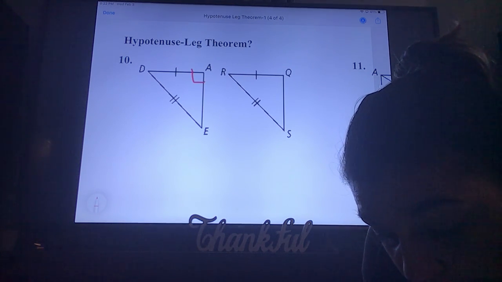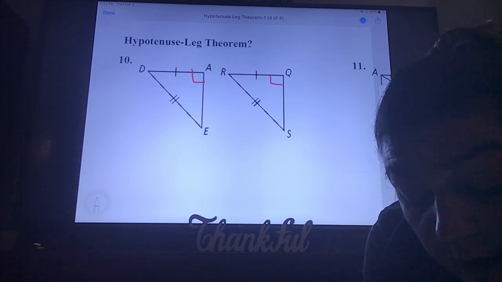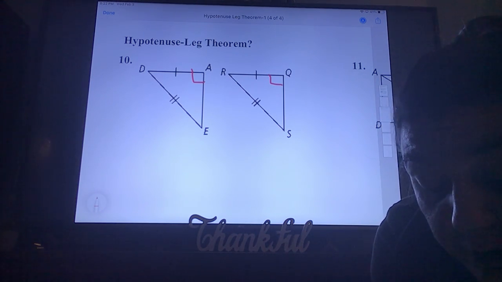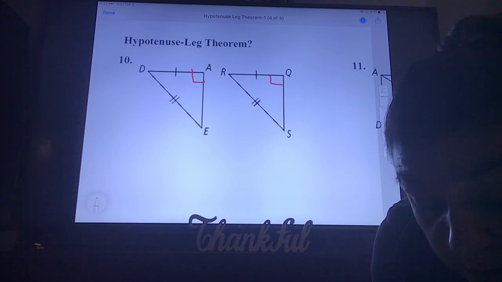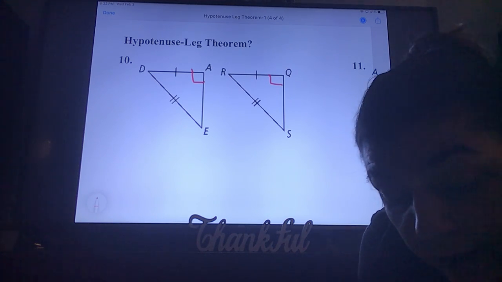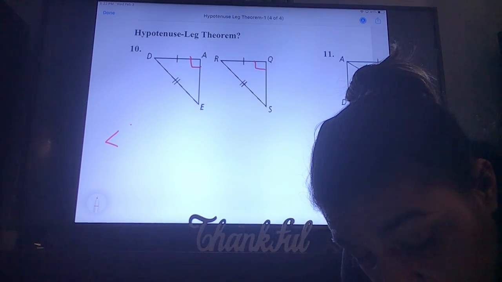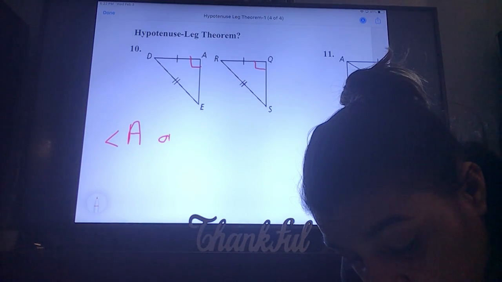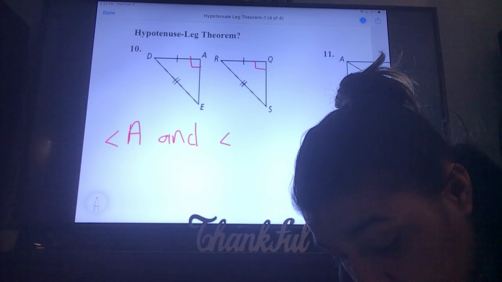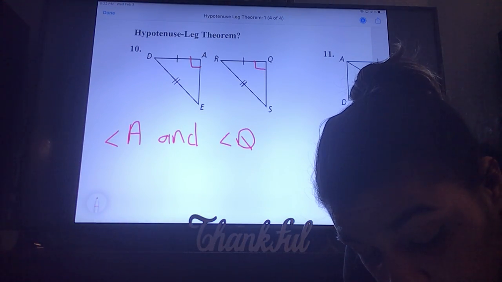And so you can mark them on here. And then we can check the other stuff. Do we have congruent hypotenuses? Yes. Okay, and do we have a congruent leg? Yes. So what would need to be true in order for this to work? Well, those right angles. So you would need to say angle A and angle Q are right angles.